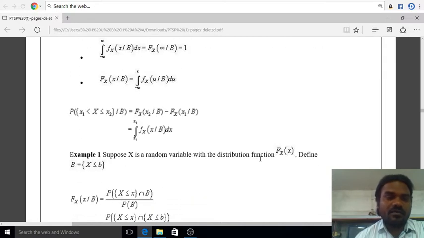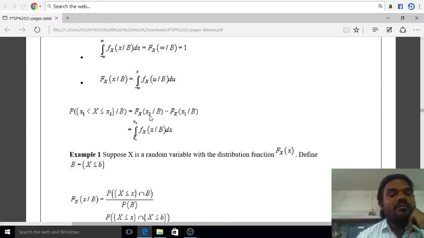And then the probability of the continuous random variable between the limits x1 and x2, given the event b, is equal to the distribution function Fx of x2 by b minus Fx of x1 by b, because one is the upper limit and the other is the lower limit.